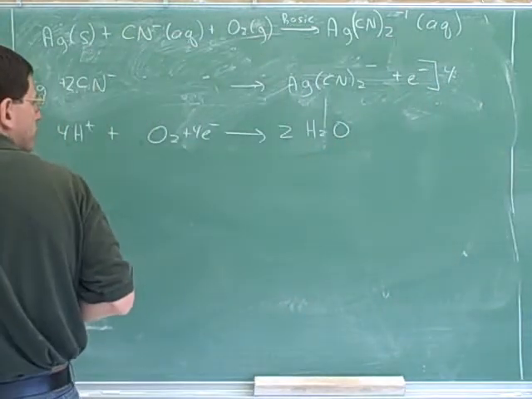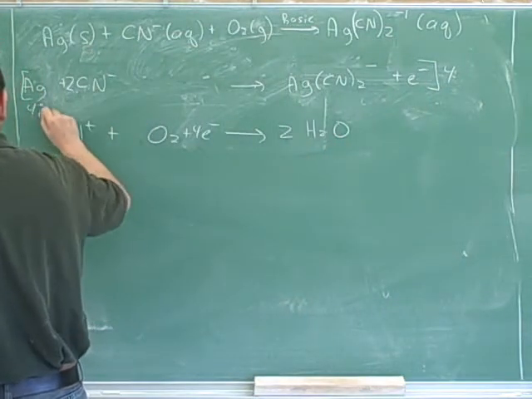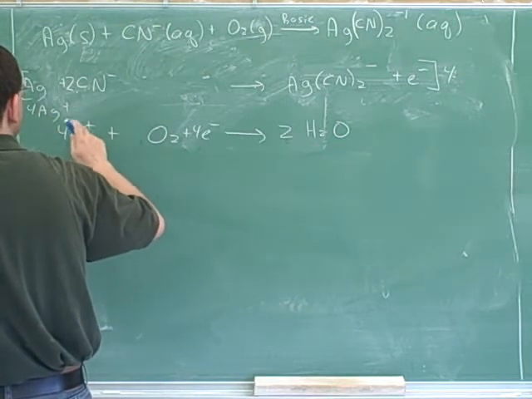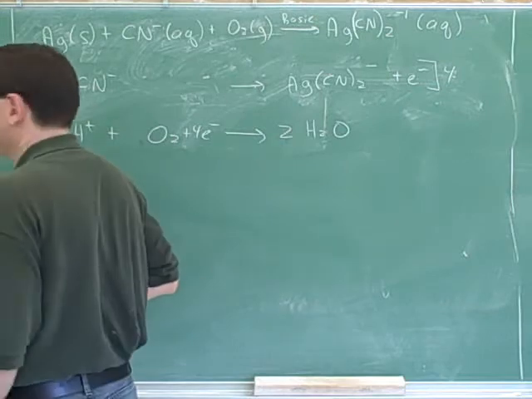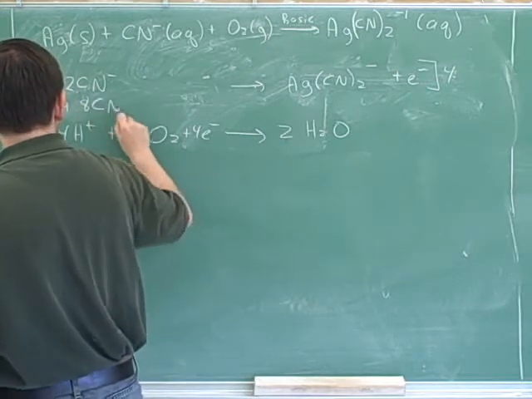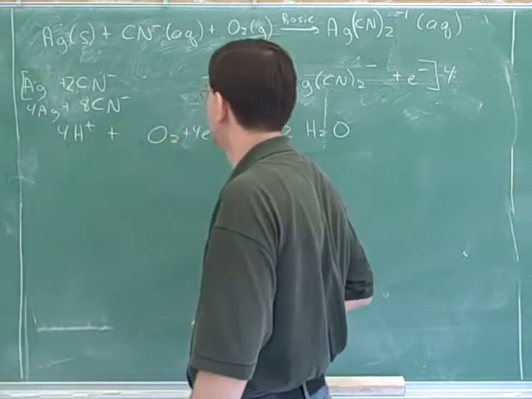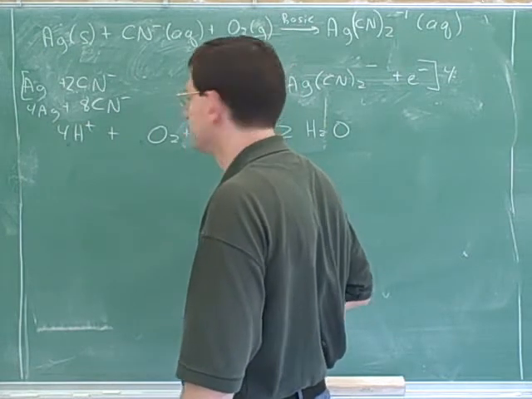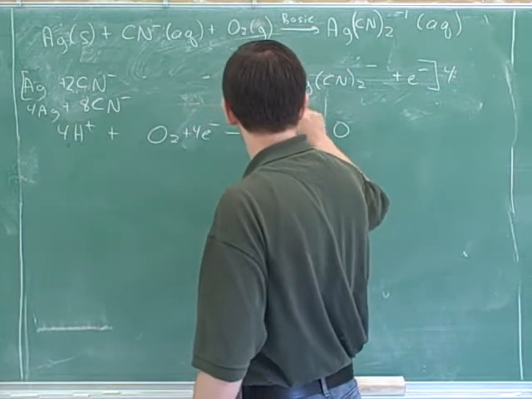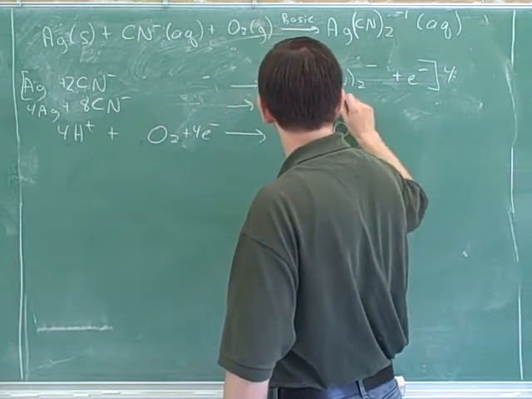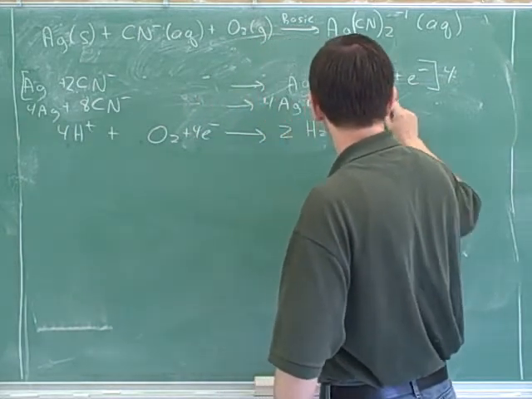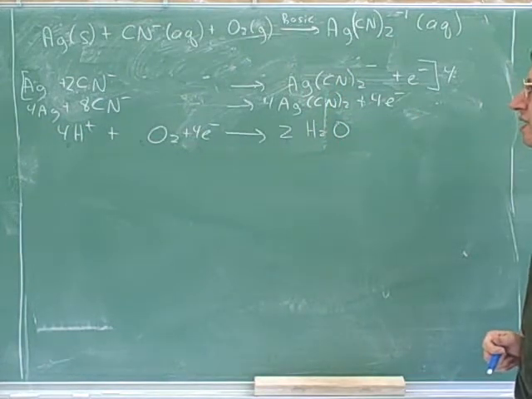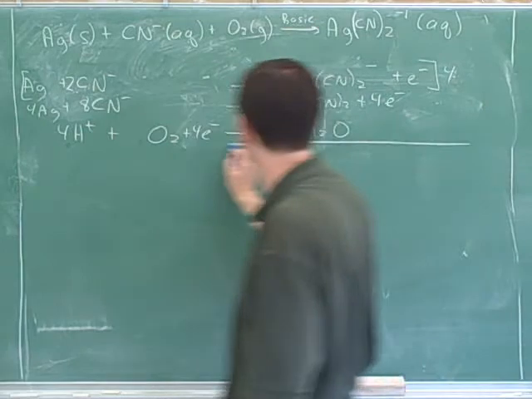Okay, so what's our new equation? 4Ag2S plus 8CN minus goes to 4AgCN2 minus plus 4 electrons.